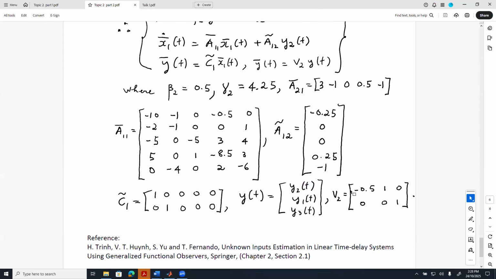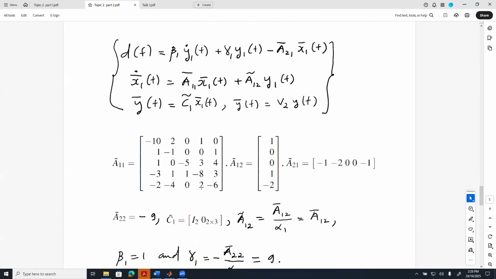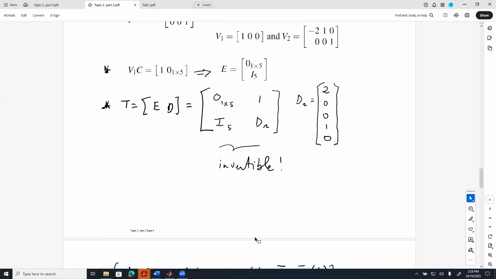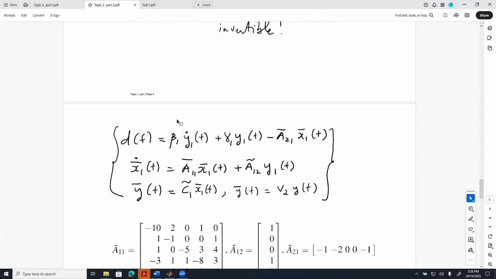Okay. So as you can see, the way to obtain the decomposition is very easy. It can be implemented by simple code in MATLAB, and we can easily express the unknown input in terms of whichever output measurement that we like it to be in terms of practicality of it.